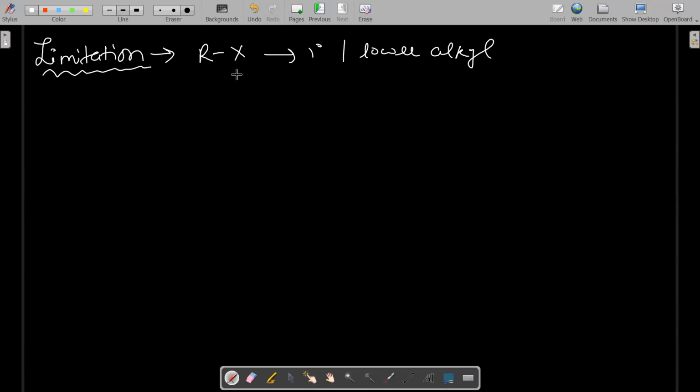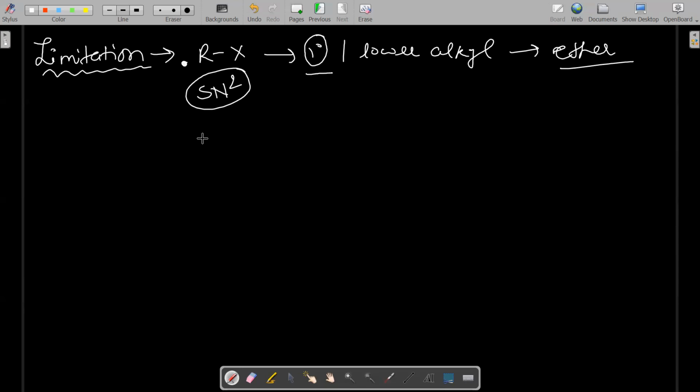When the alkyl halide is primary and a lower alkyl group, we get ether as a major product because it undergoes the SN2 mechanism. And according to the SN2 mechanism, there should be less steric hindrance.